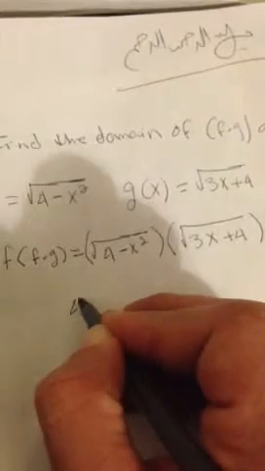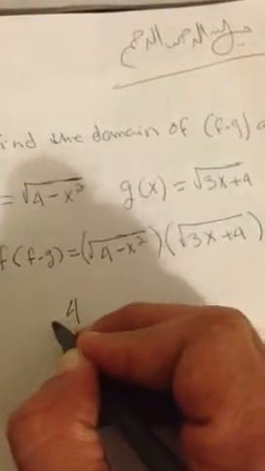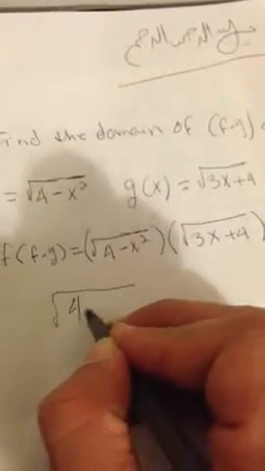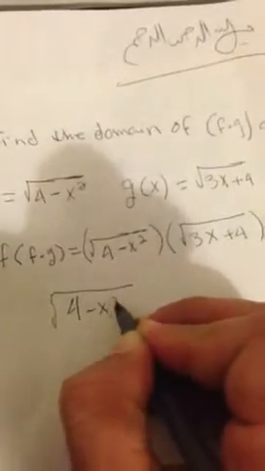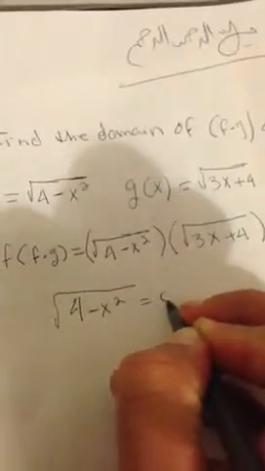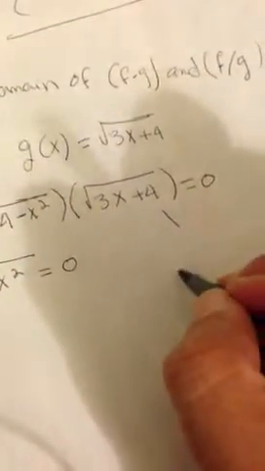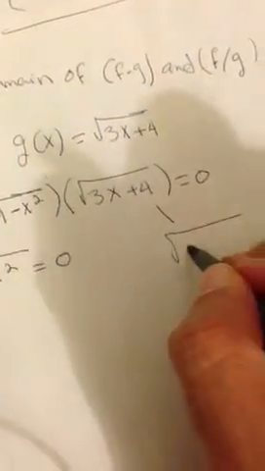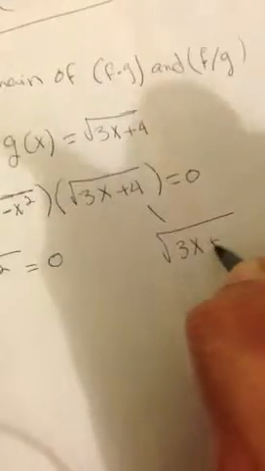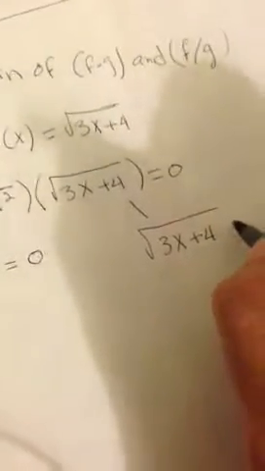Let's rewrite it like this: 4 minus x squared equal to 0. And this one, let's write it right here: 3x plus 4 equal to 0.